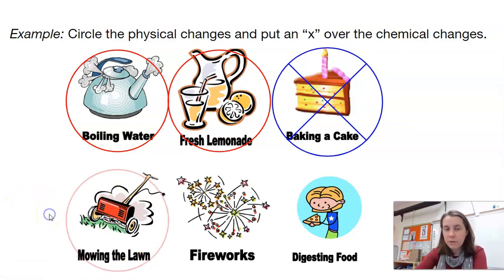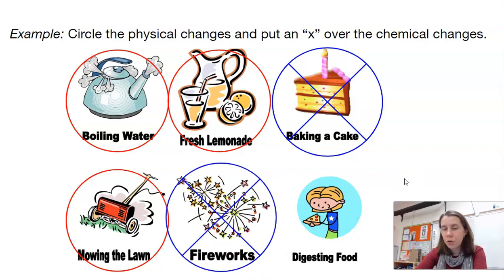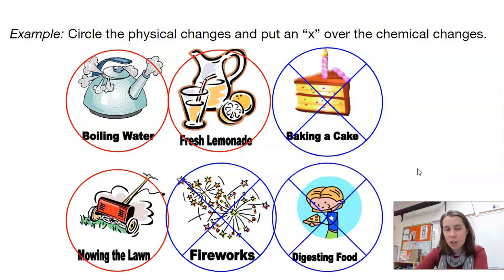So that's going to be a physical change. Fireworks I already mentioned. That heat and light that is produced is an indication that we have a chemical change. And digestion of food, all right? The food, once it goes into our bodies, turns into different chemicals. We turn it into energy or fat or whatever within our bodies. And so that, again, is a chemical change.